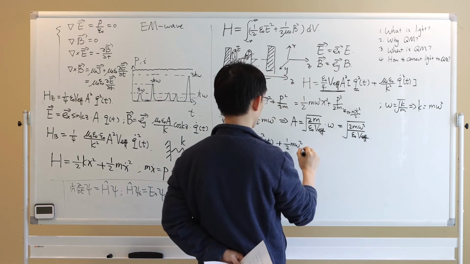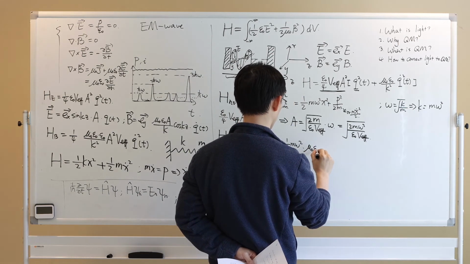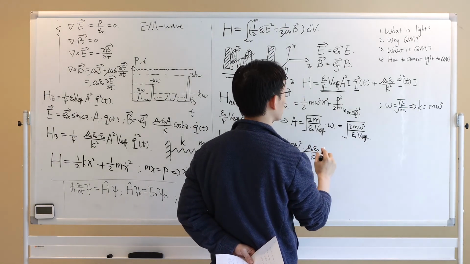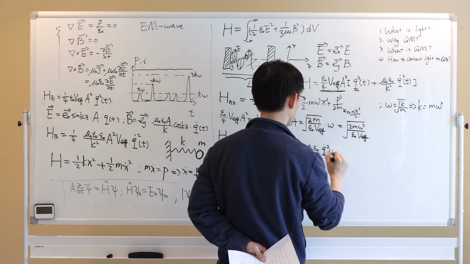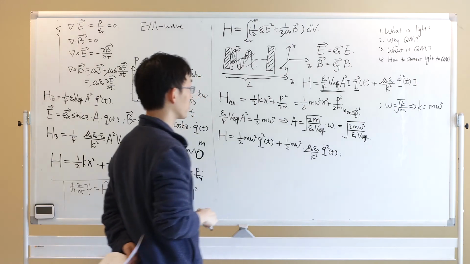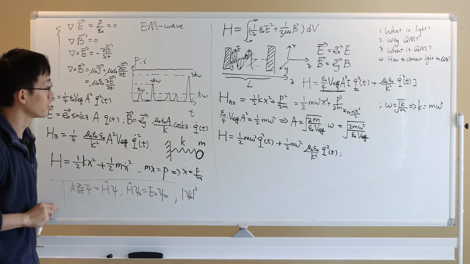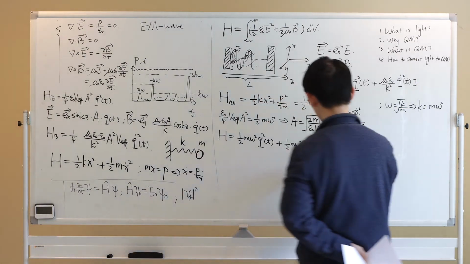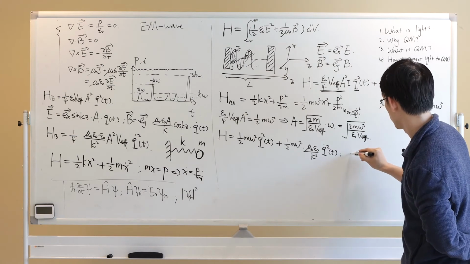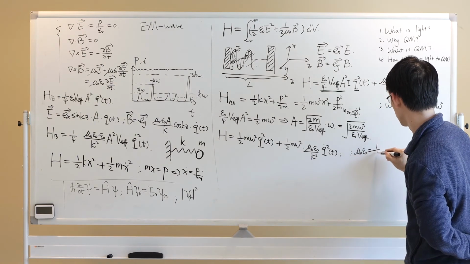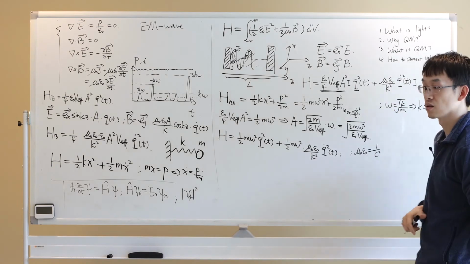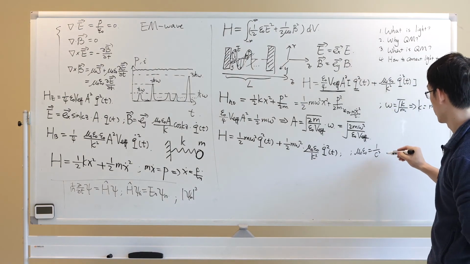And then you have mu naught epsilon naught k square and q dot square t. So here, what we can do is that we can see mu naught epsilon naught equal to 1 over c square. That's a constant. We know that.